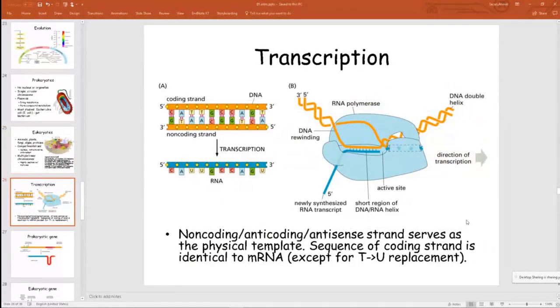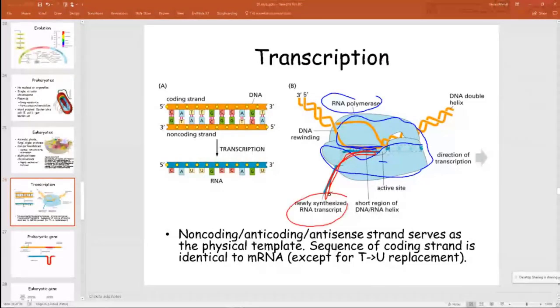Let's look at transcription, which is the process of converting a DNA molecule to an RNA molecule. And that is accomplished by the RNA polymerase enzyme. So this large blue animal is the RNA polymerase. Okay. It binds to the DNA, and it unwinds a portion of the DNA, and the template is then used to produce a new RNA molecule.